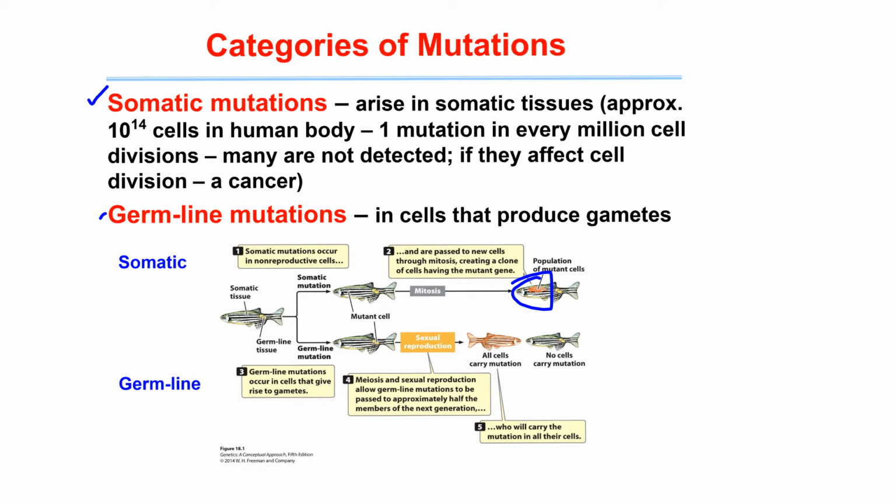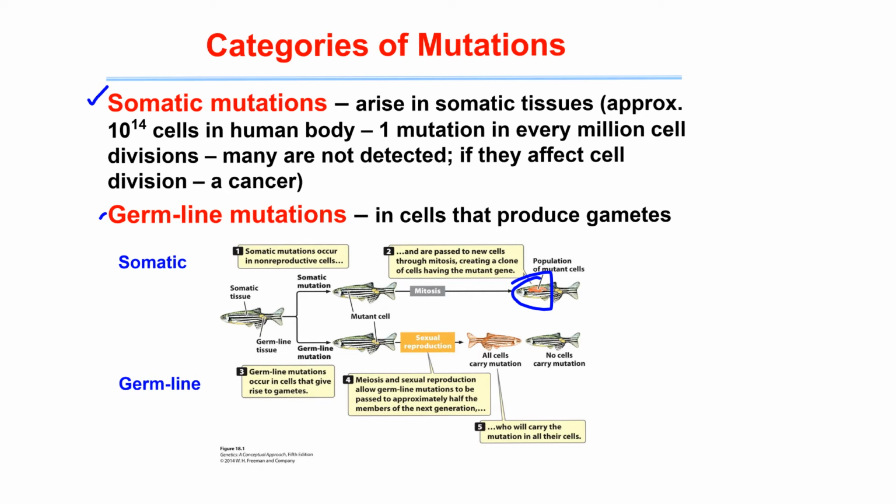However, if these mutations are not corrected and they affect genes that control the cell cycle, they can trigger cancer. However, somatic mutations are not passed to further generations, so they cannot affect evolution.